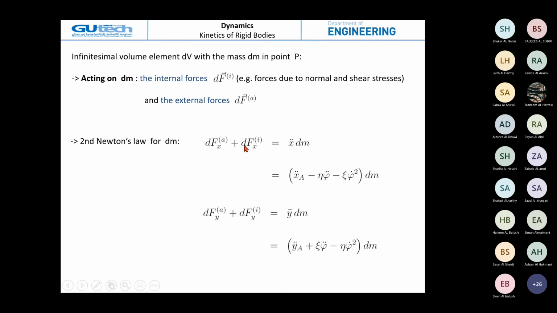We have the internal one, dFix, and the same for y, which equals the mass multiplied by the acceleration. Here, for this infinitesimal mass, we have the acceleration in the x direction, x dot dot, and the acceleration in the y direction, y dot dot.